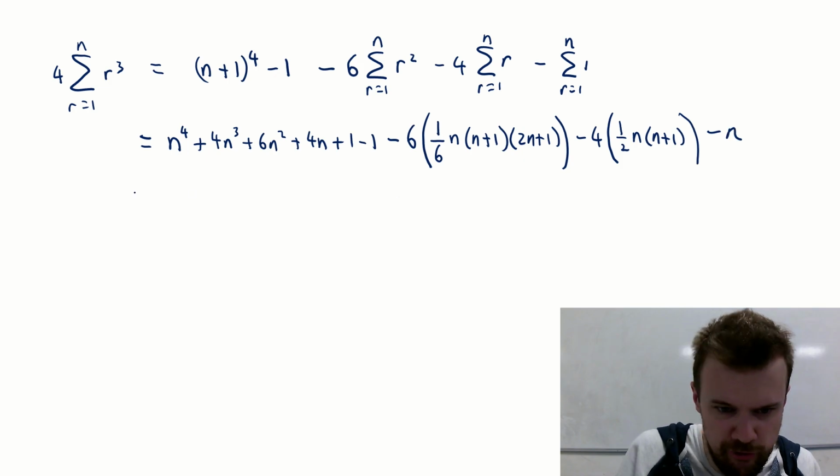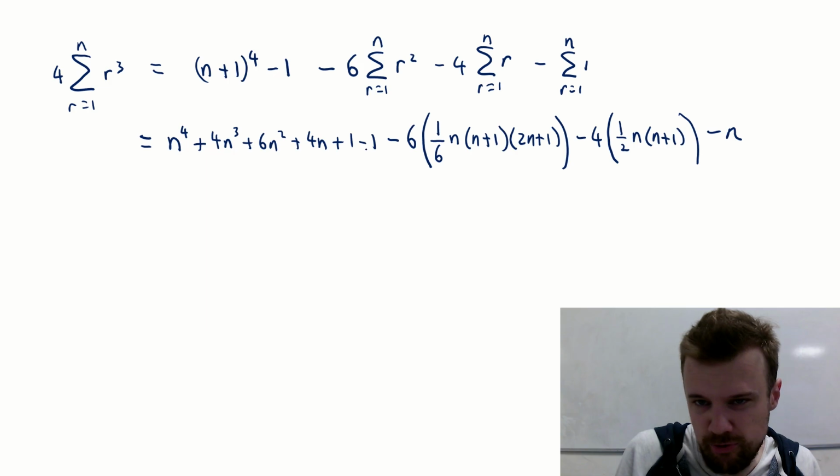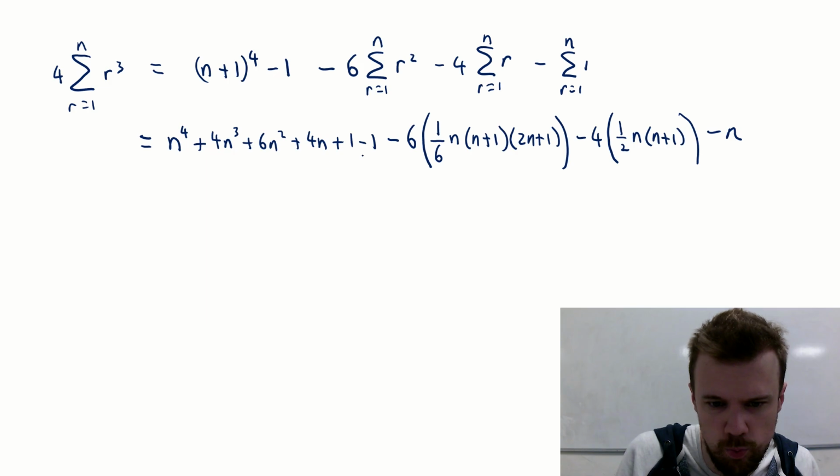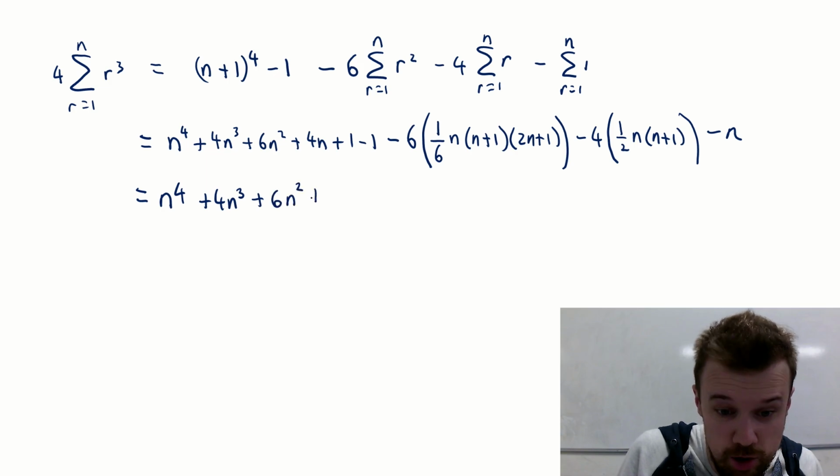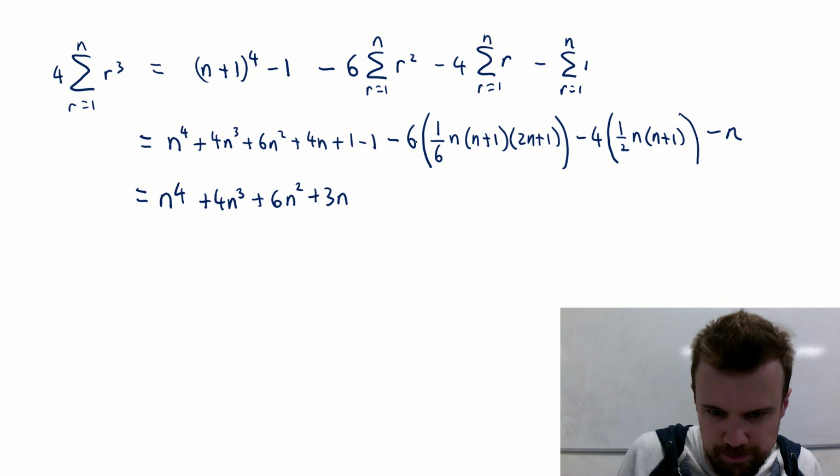So therefore, I've got to write less stuff out. We could, of course, make the 4n a 3n because of the minus n we got later, and the 1 and the minus 1 cancel out. So already that means we're left with n to the power 4 plus 4n cubed plus 6n squared, but now only 3n, and the 1 and minus 1 are cancelling out. The 6 and 1/6 are cancelling out, so that means we're just left with minus n.